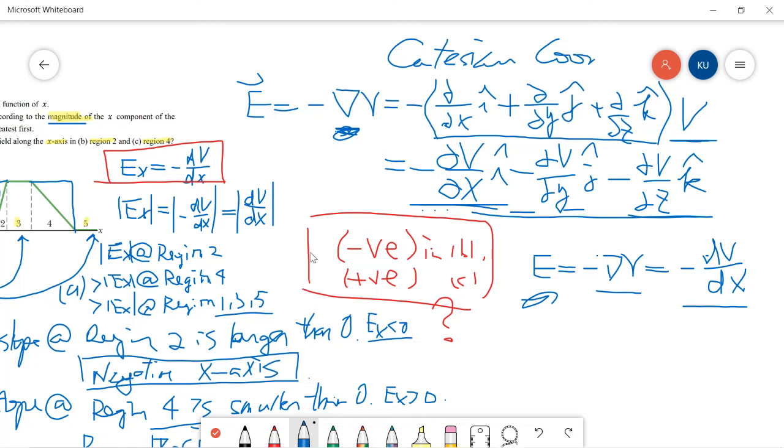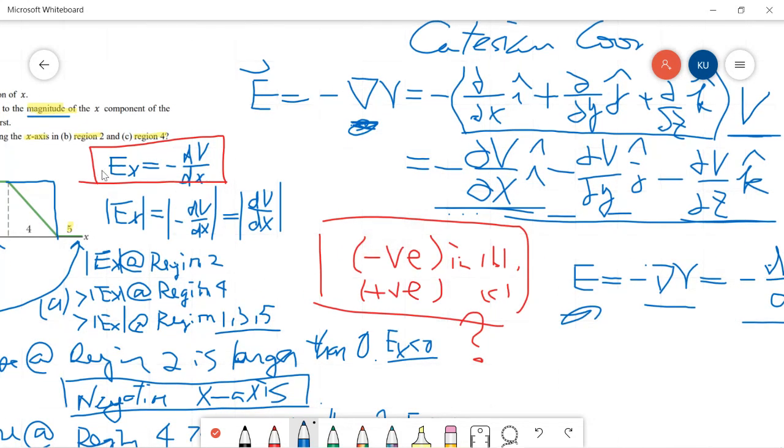If you make sure your math is correct, you can still write Ex equals minus dV/dx, but in multiple dimensions, you can write it like this. But you need to care that this is a vector, so this is also vector notation, so that as long as we write an equal sign, this equation is actually correct.